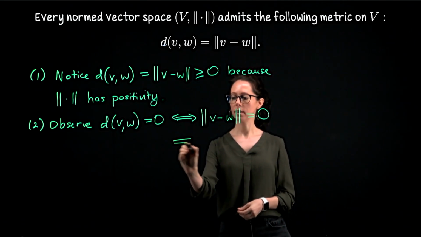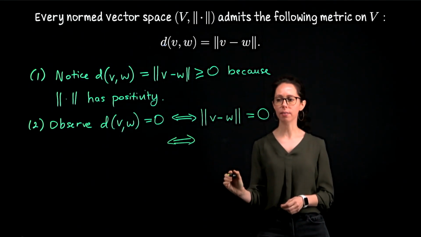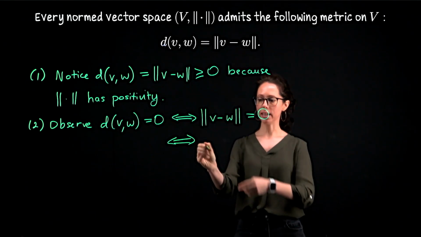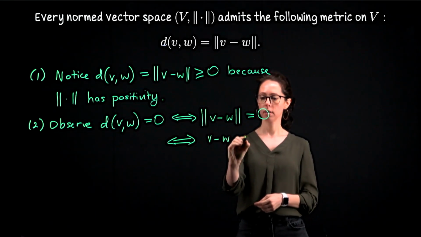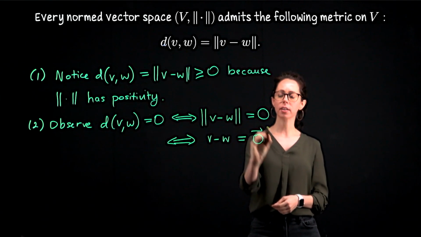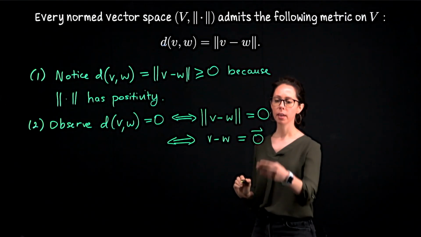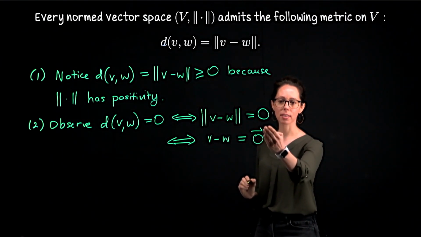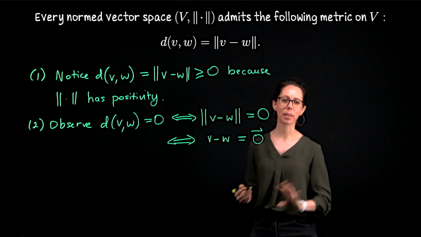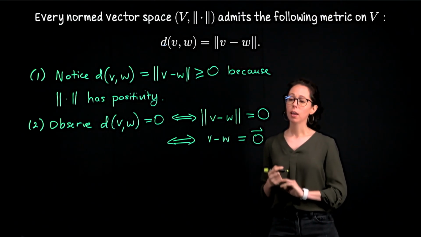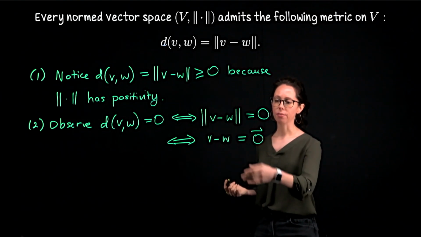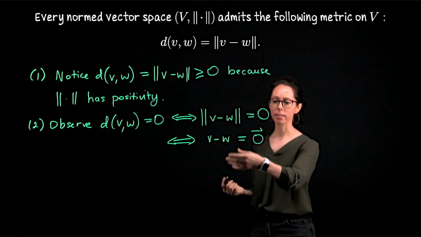So let me say that this is true if and only if this quantity in here is, and I'll write 0 vector here to distinguish it from scalar 0. So this is like the 0 in the vector space. This is just distance 0. They can look different. We're working in a vector space where we have vector addition, additive inverses, things like that.